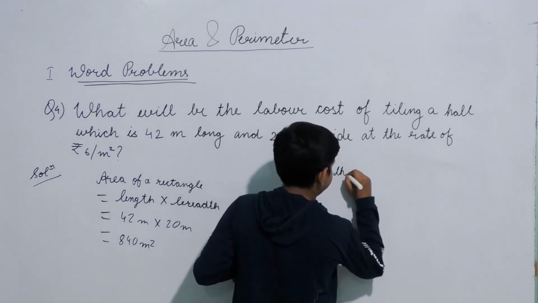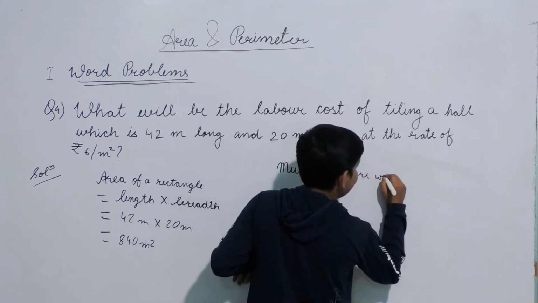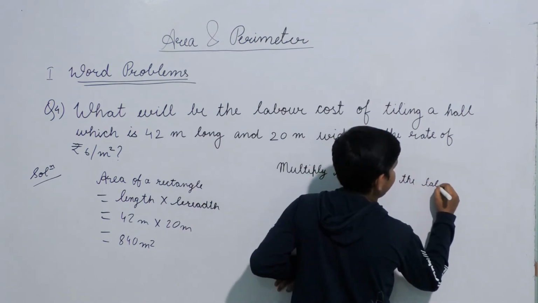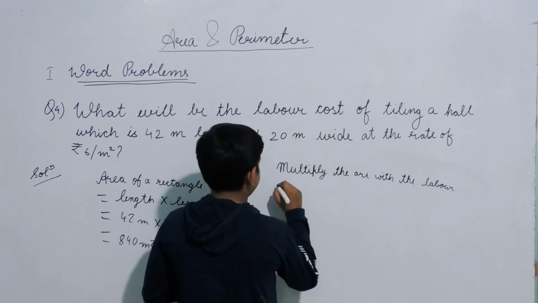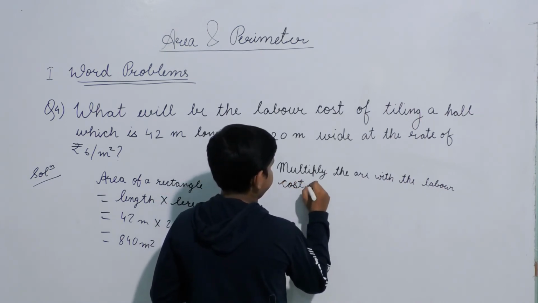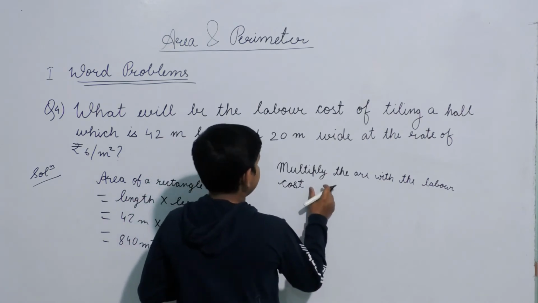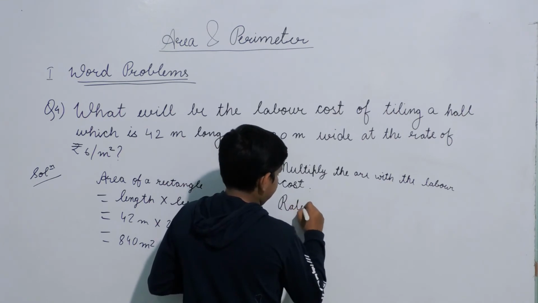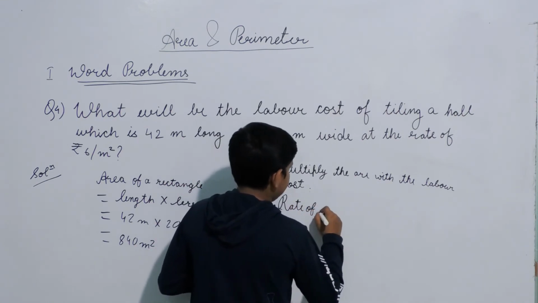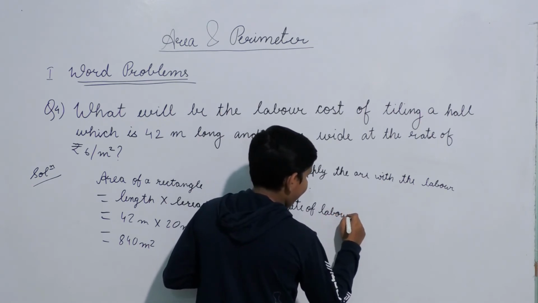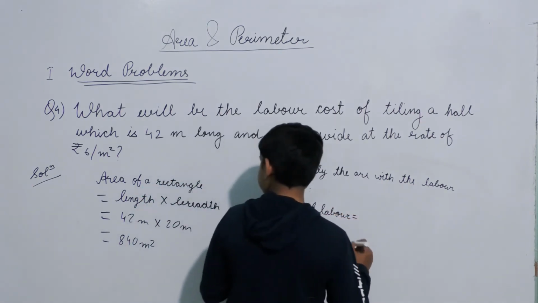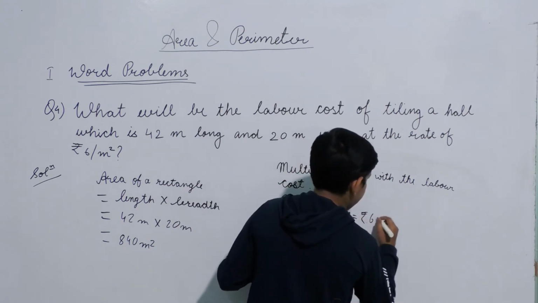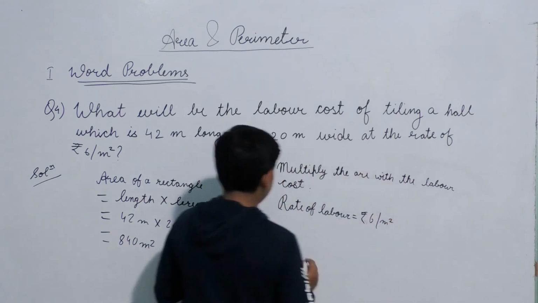So to find the total labor cost, we will multiply the area with the labor cost. So the rate of labor is equal to ₹6 per meter square.